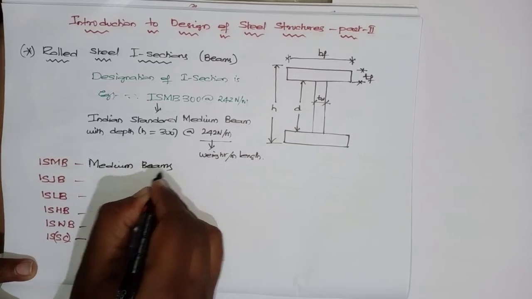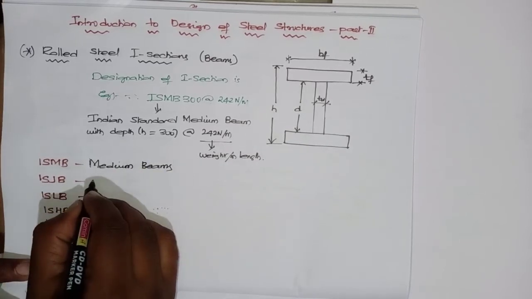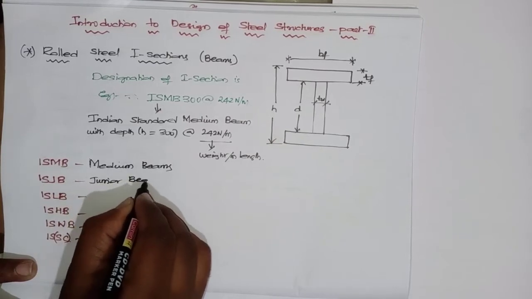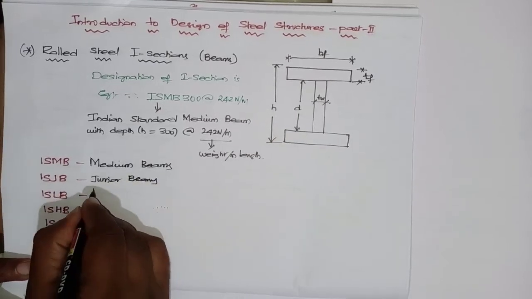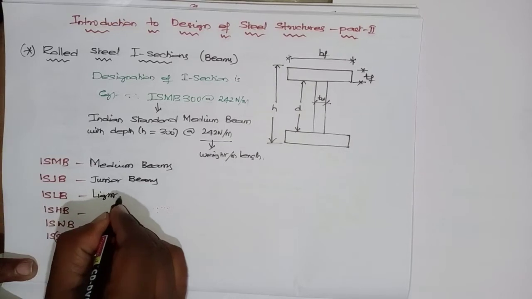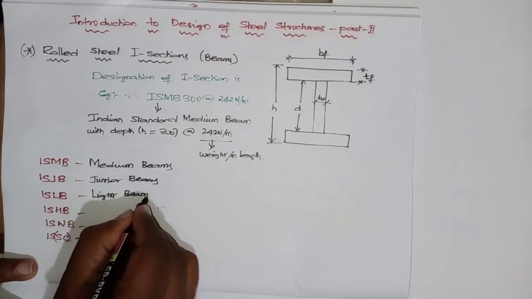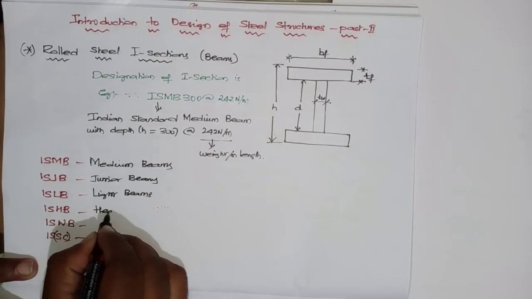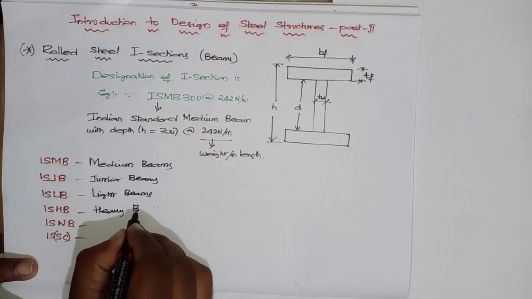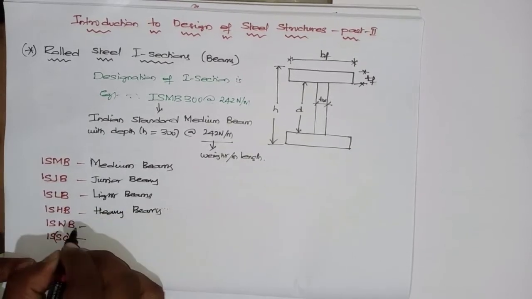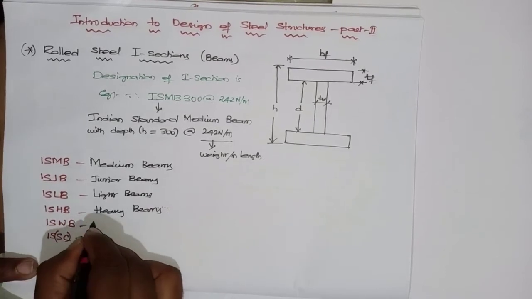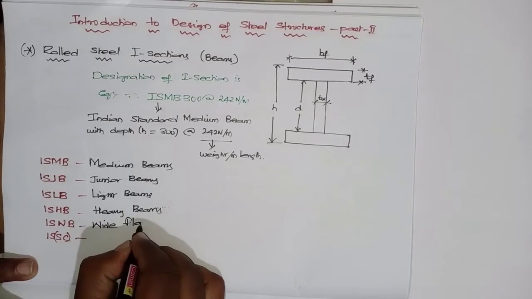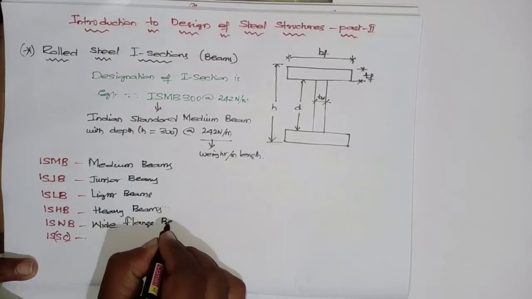Okay, next Indian Standard Junior Beams. Next one is Indian Standard Lightweight Beams. Next one is Indian Standard Heavy Beams. Next, Indian Standard Wide Flange Beams, meaning the flanges will be wider, so wide flange beams.